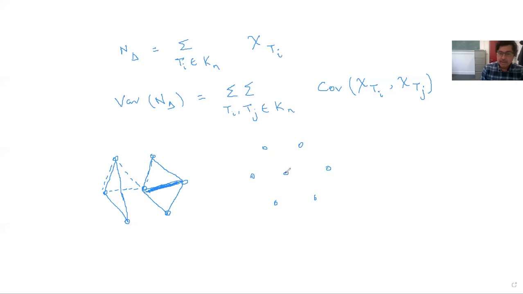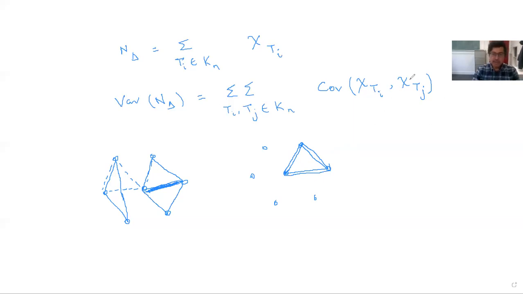Or we might consider two triangles, Ti and Tj, that are the same thing. So the two triangles are sitting on top of each other. In this case, the covariance of the indicators is the same as the variance of the indicator. So that's another thing we have to calculate.